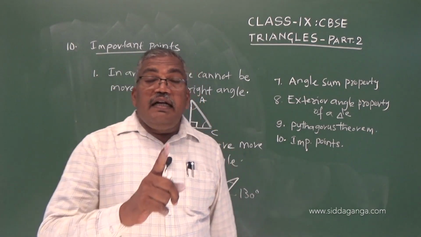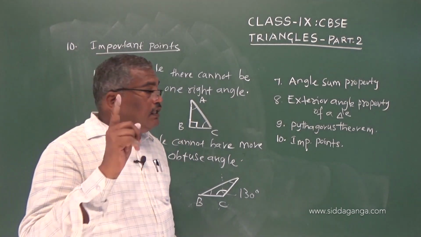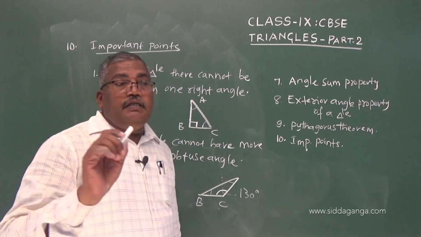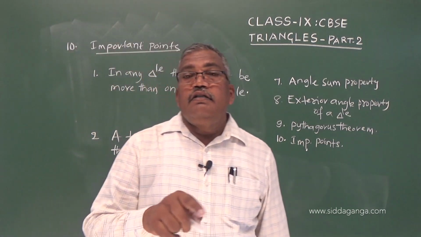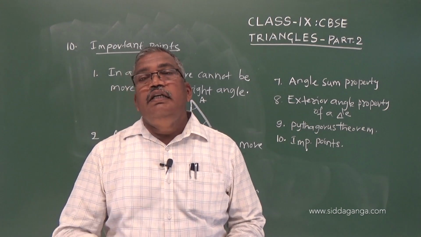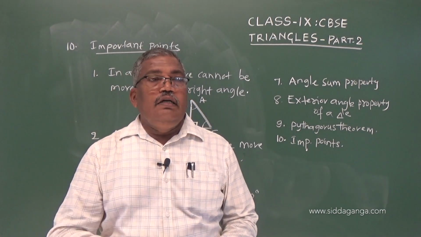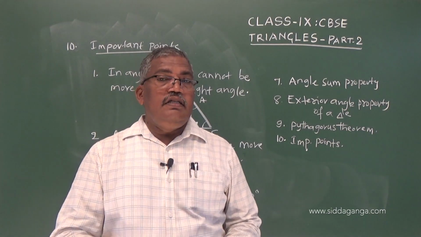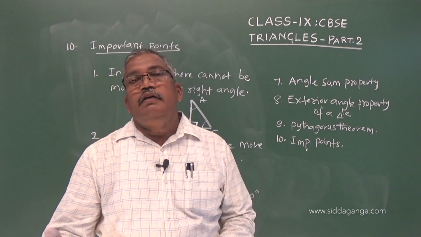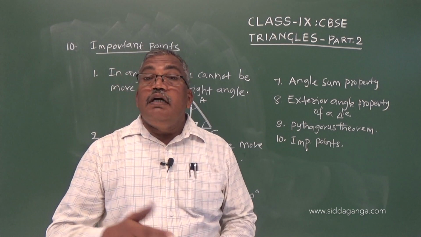But a triangle can have three acute angles. If all three angles are 60 degree, then 60 plus 60 plus 60 is 180 degree. So, all three angles are acute angles. It is not necessarily 60, 60, 60. One may be 60, another may be 40, so the total becomes 100, and the third one may be 80.